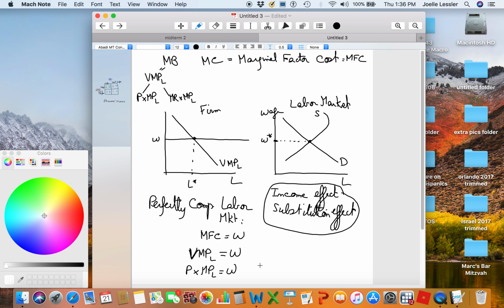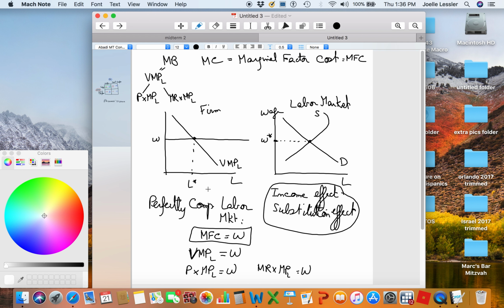If you're a monopolist in the goods market, it would be marginal revenue times marginal product of labor is equal to the wage. Okay, but the point is that the marginal factor cost is equal to the wage if you are hiring from a perfectly competitive labor market.